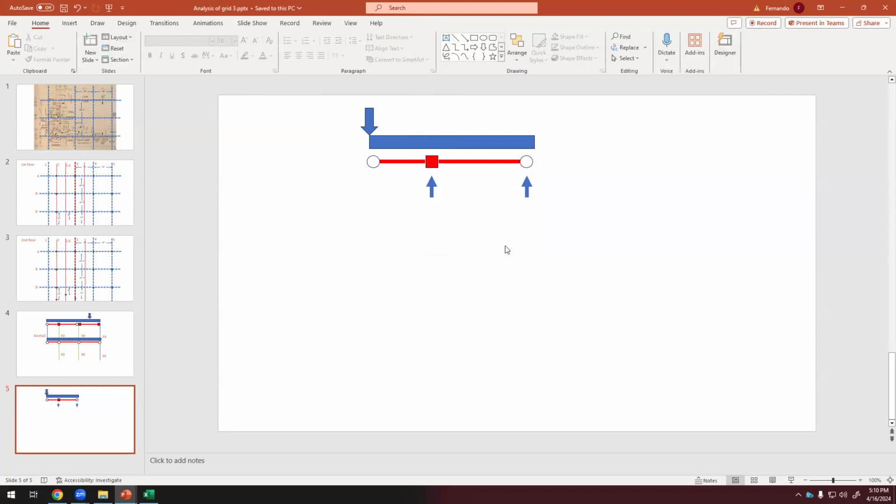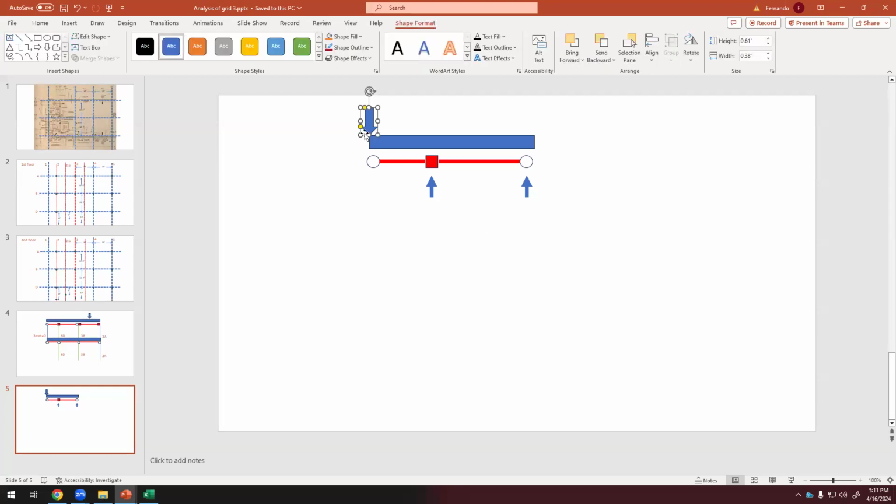So that's the problem. I have a uniformly distributed load, I have a load there at the edge of the overhang, and then I have two reactions. And now it's not symmetrical, so I have to figure out how to do it. If it's not symmetrical, I have to take moments. I have a resultant here.